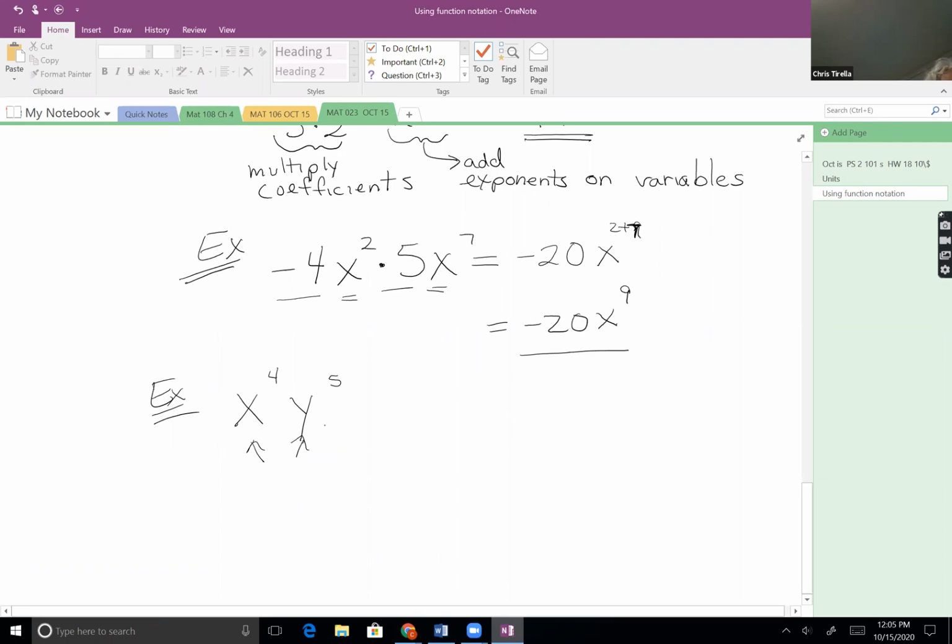This one has a base of y. So this time, because they have different bases, I can't do anything. I'm going to stop here. The bases are different. I'm not going to multiply.